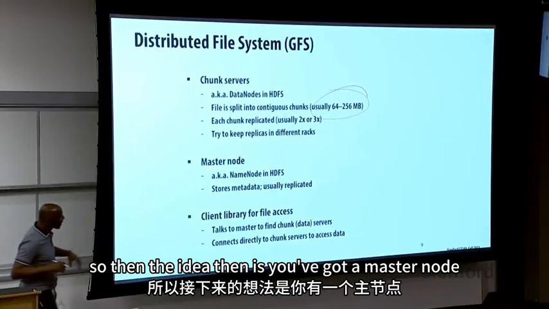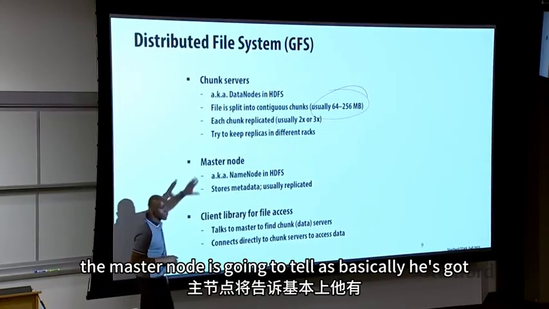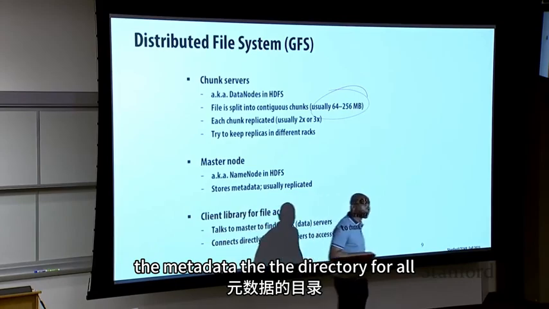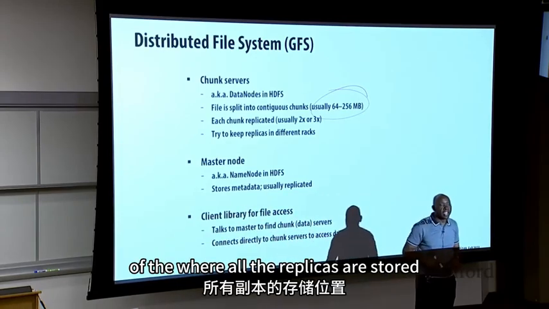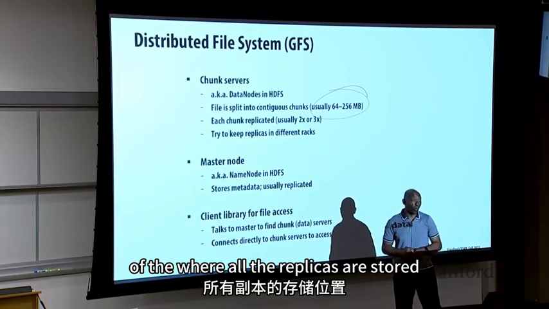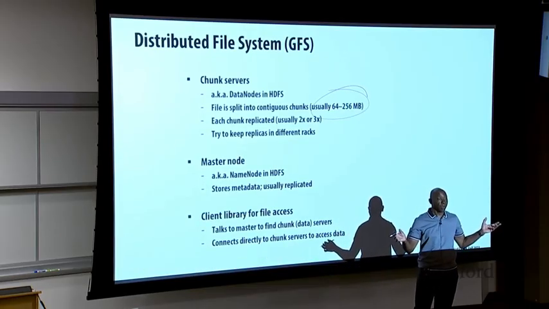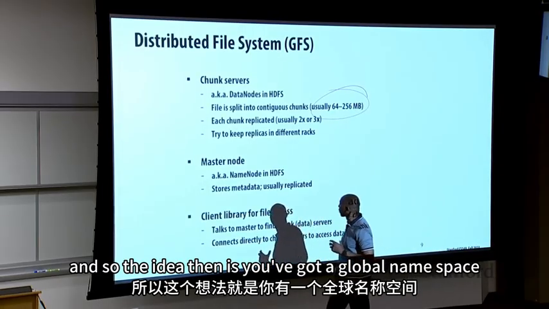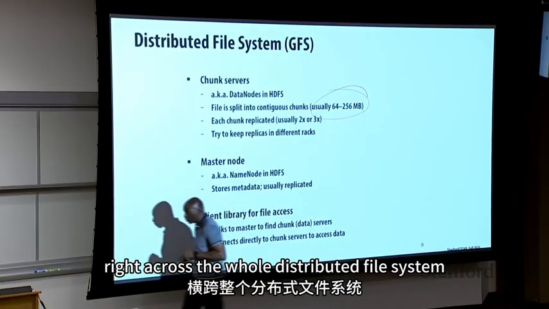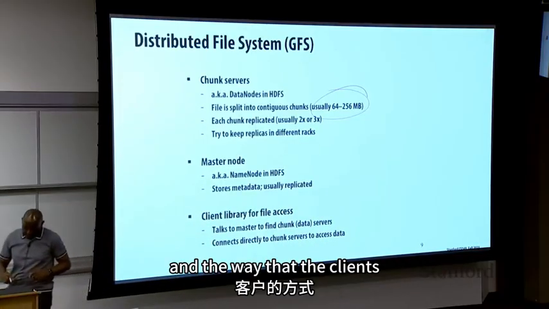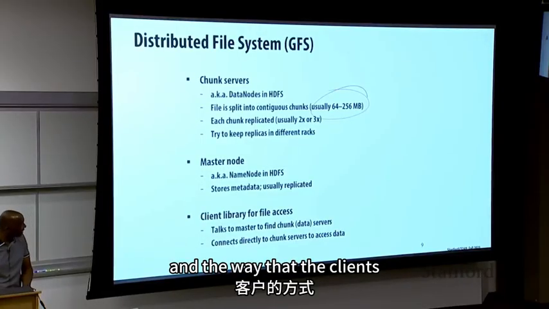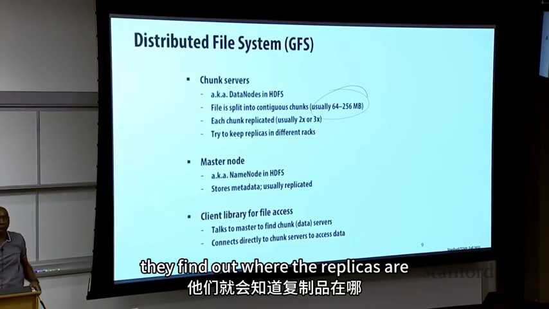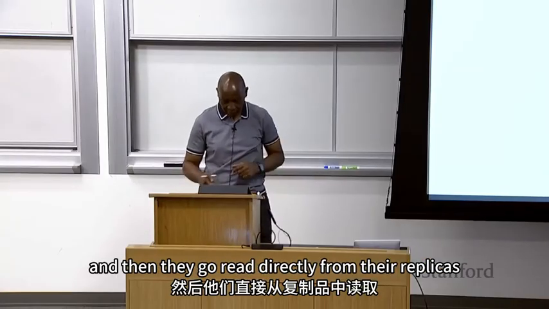So then the idea then is you've got a master node. The master node has the metadata, the directory for where all the replicas are stored, right? And so the idea then is you've got a global namespace across the whole distributed file system, and the way that the clients access files is they talk to the master, they find out where the replicas are, and then they go read directly from the replicas.